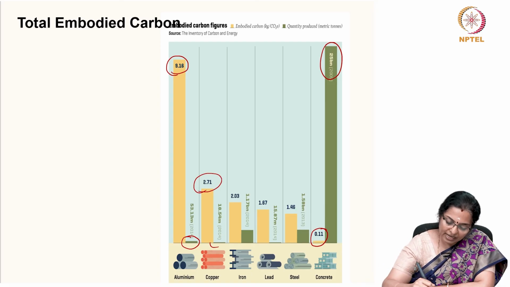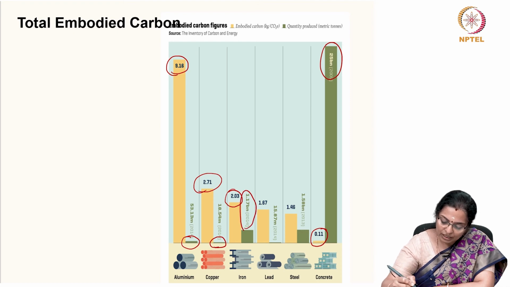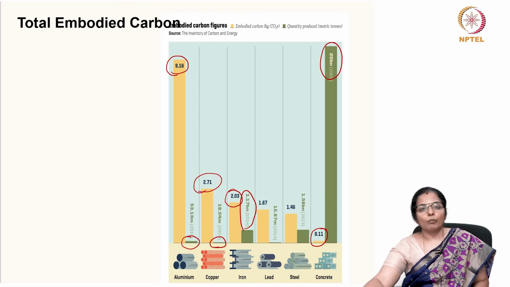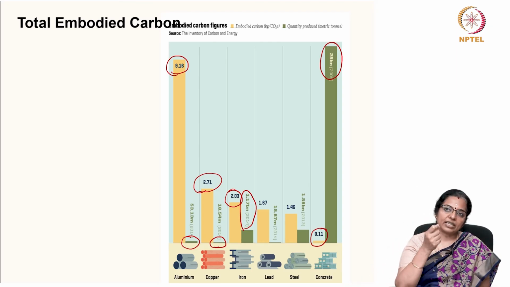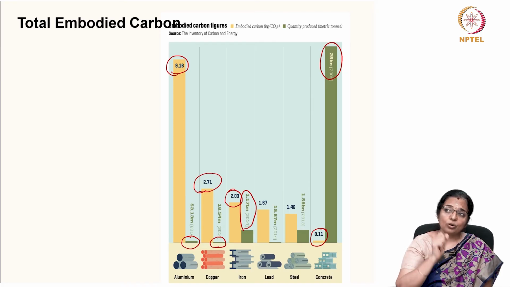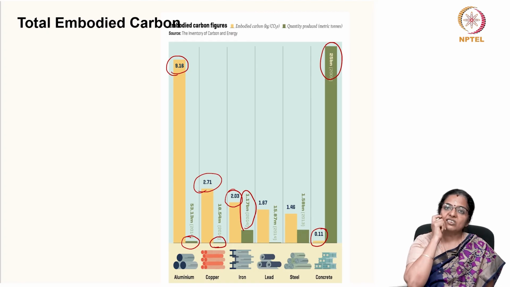Embodied energy is high, but consumption is low. For iron ore, embodied energy is high, consumption is not so much, and so on and so forth. So, it is very important that we first target alternatives to building materials whose embodied energy is high and which are consumed on a much larger scale.